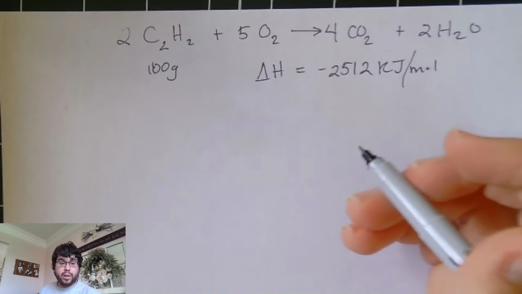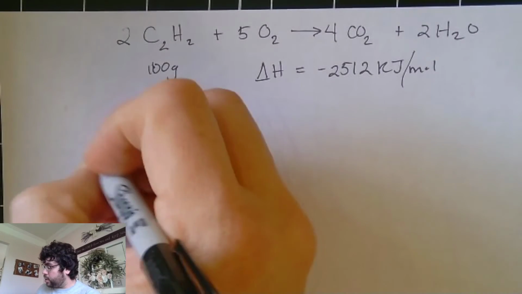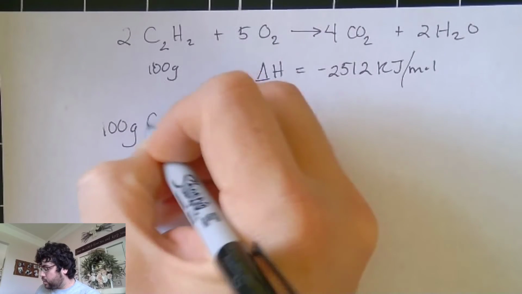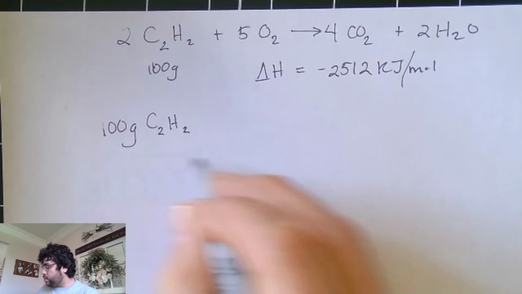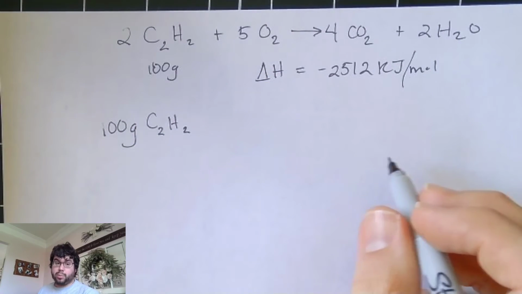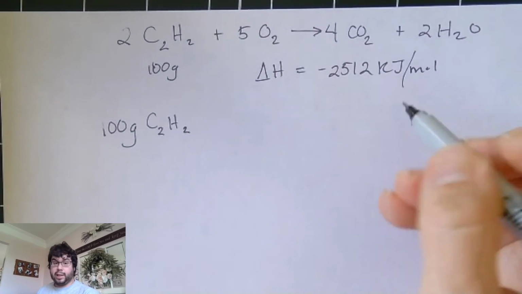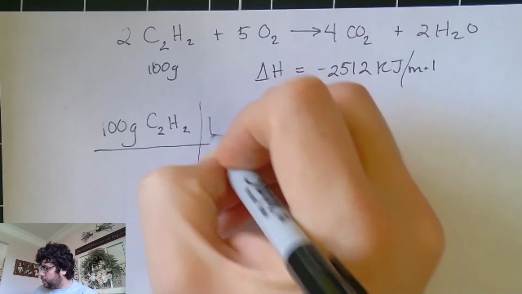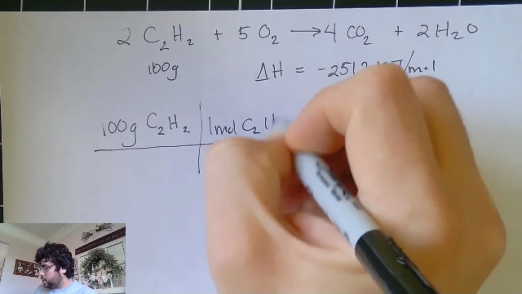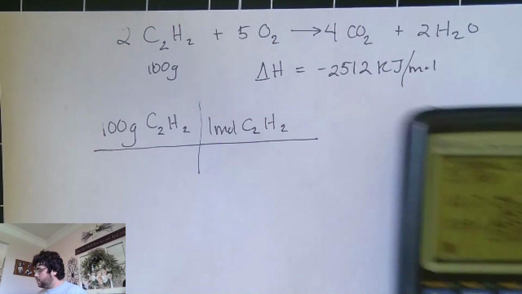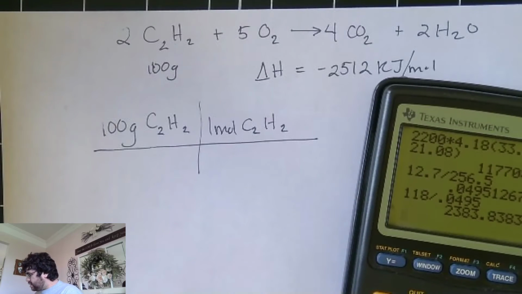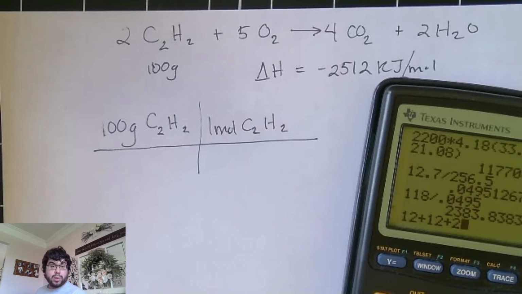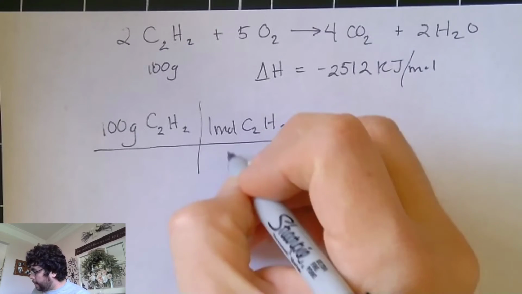This is a standard stoichiometry problem using the enthalpy of the reaction. I'm going to take 100 grams of C2H2 and convert to moles, then moles of reaction, and then convert to kilojoules using the enthalpy. The molar mass is 12 plus 12 plus 2 for the carbons and hydrogens, around 26.